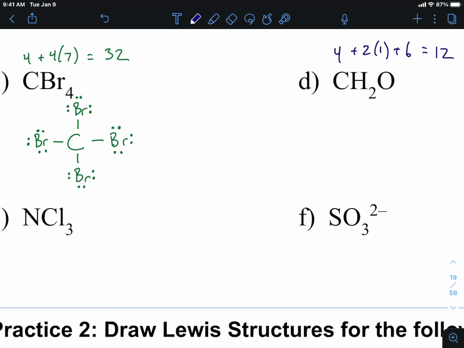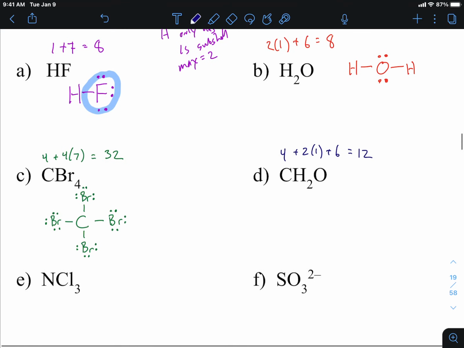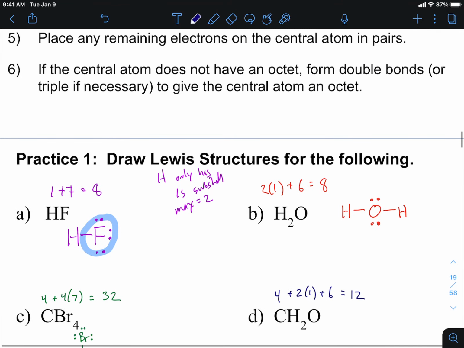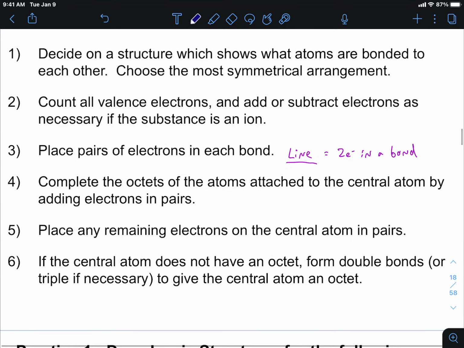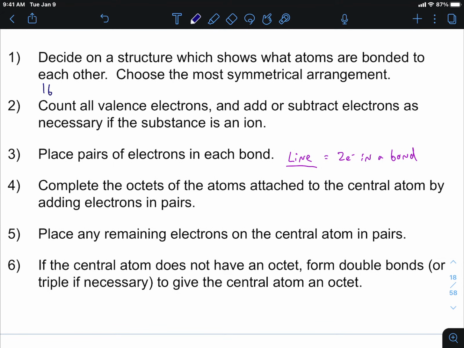Okay, so an interesting point comes up. I said I wanted this symmetrical, but hydrogens can only have 1 pair attached to them, so hydrogens can never be in the center. So now it comes down to which should be in the center, carbon or oxygen. If we were to go back and add one last rule, we'll call it rule 1B: the lowest electronegative element goes in the center.